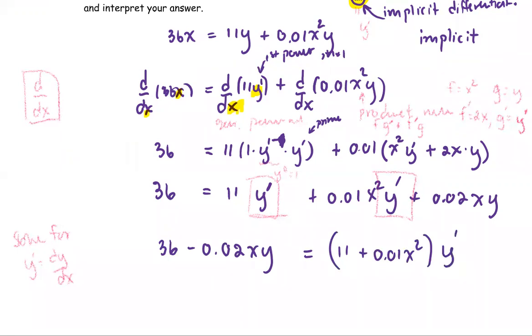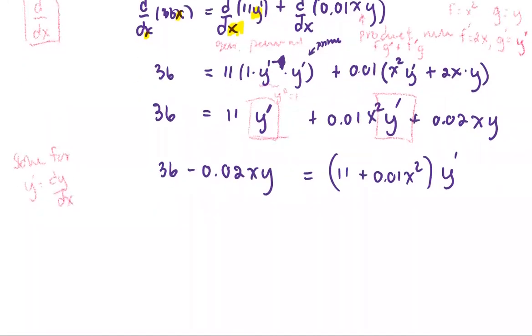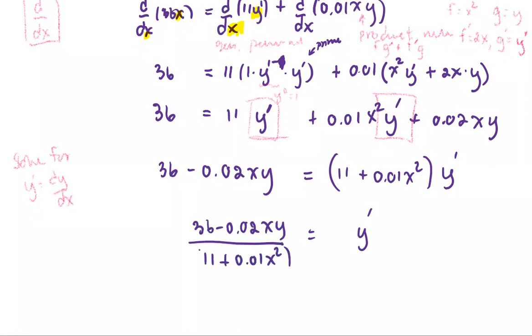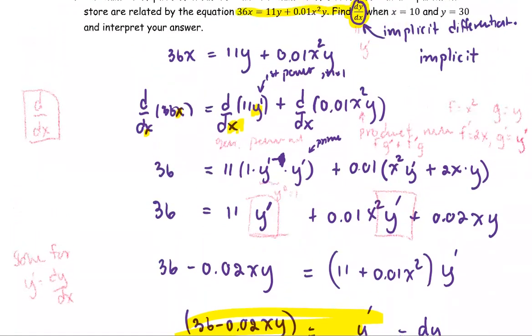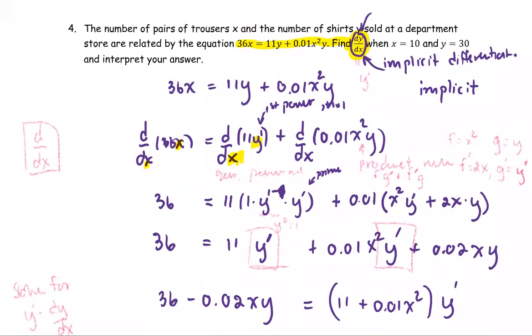Next, I'm going to divide all by the quantity here to get y prime as 36 minus 0.02 times xy, all divided by the quantity 11 plus 0.01 x squared. I get the expression for y prime, which is my dy/dx, the first part of the question.